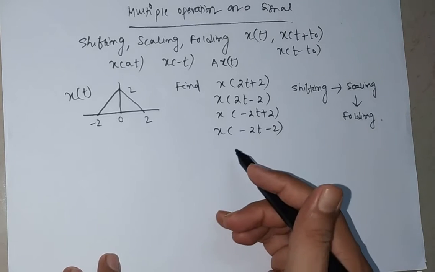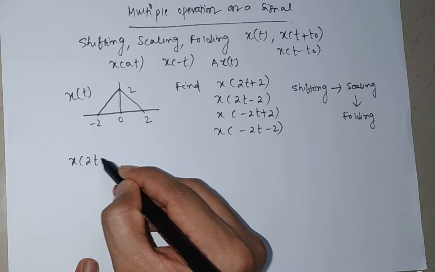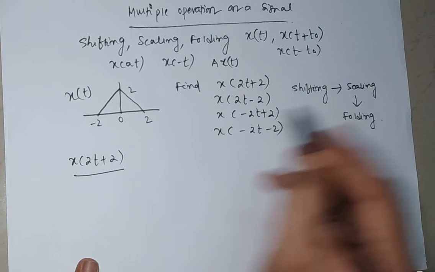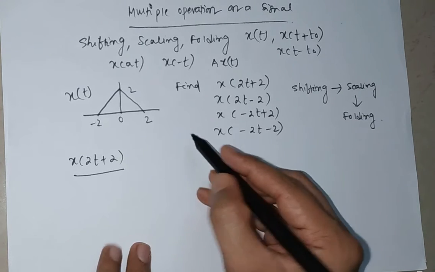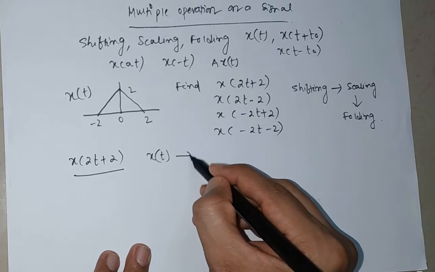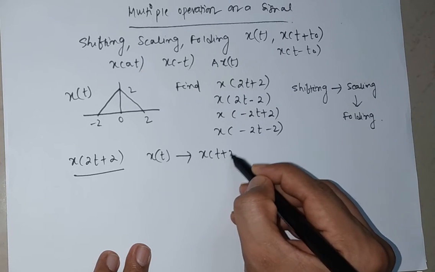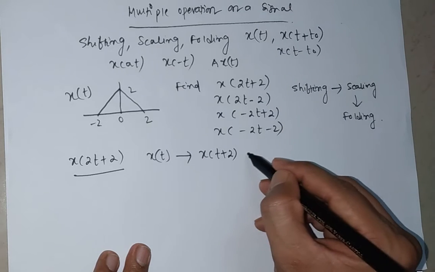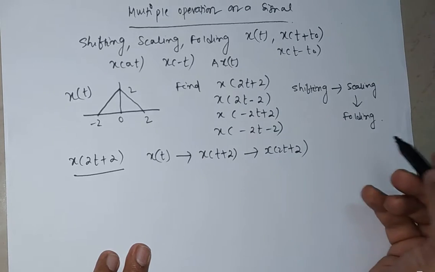Now take the first question. How to find x of 2t plus 2. Now I want to apply this sequence: shifting, scaling, folding. First x of t is given. Then what is the next step? The next step is shifting. Shifting means x of t plus 2. Then scaling, x of 2t plus 2.